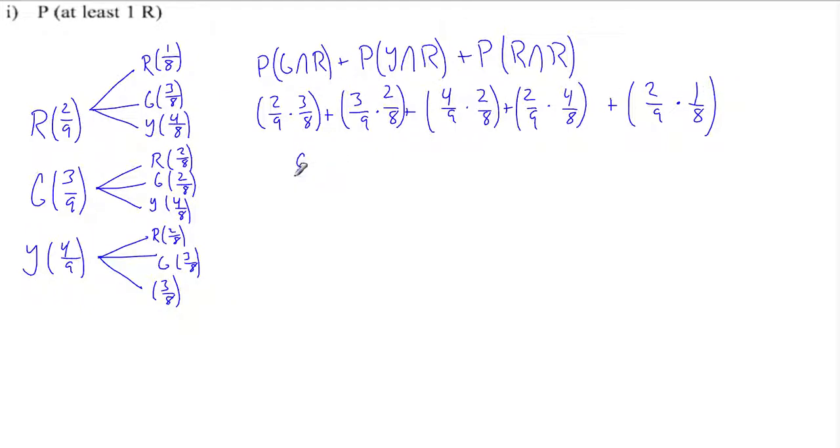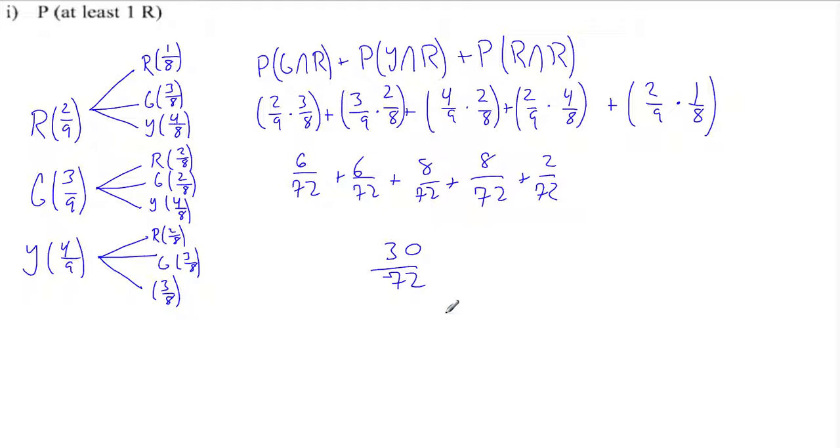So if I add this, I get 6 over 72 plus 6 over 72 plus 8 over 72 plus 8 over 72 plus 2 over 72. This adds up to 30 over 72, which I can reduce to 5 over 12. So what's the probability I get at least one red? It's a 5 out of 12 probability.